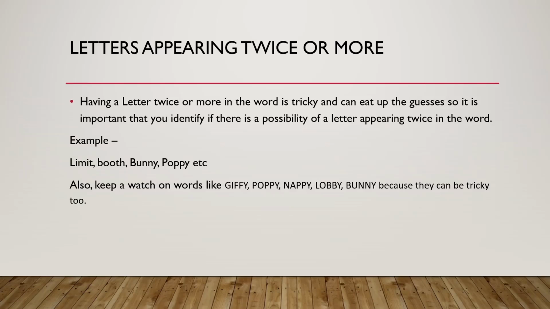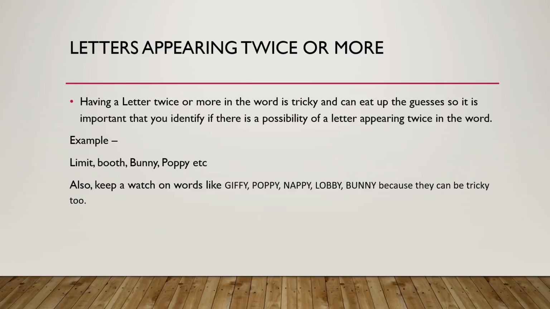So it is important that you identify if there is a possibility of a letter appearing twice in the word. Examples are limit, where I appears twice, booth, where the O appears twice, bunny with N appearing twice, poppy with P appearing thrice, etc.